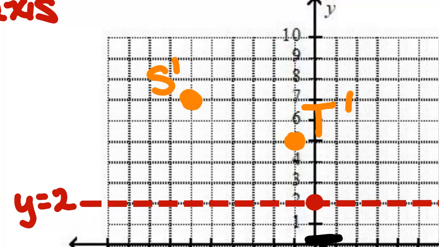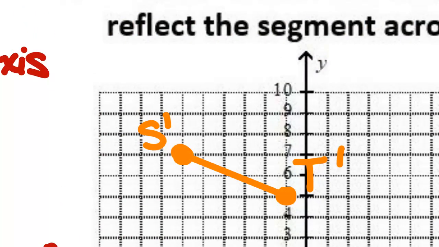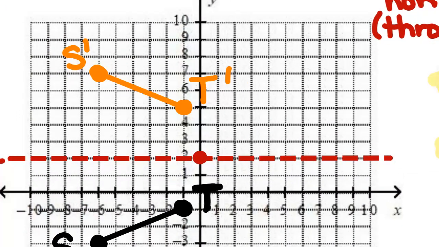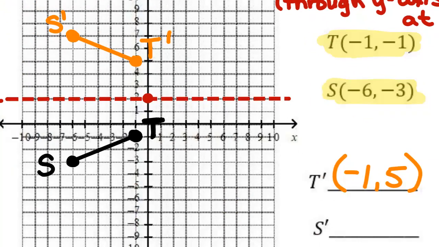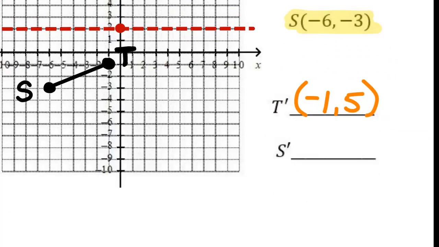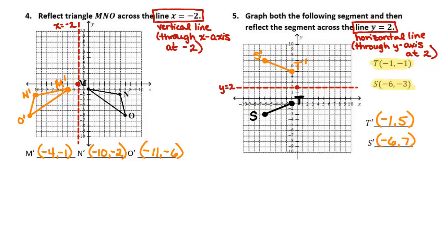Use the straight edge to connect those 2 points together. We still need the ordered pair for S prime. What is the ordered pair for S prime? Close. Yep, -6, 7. So far, so good?